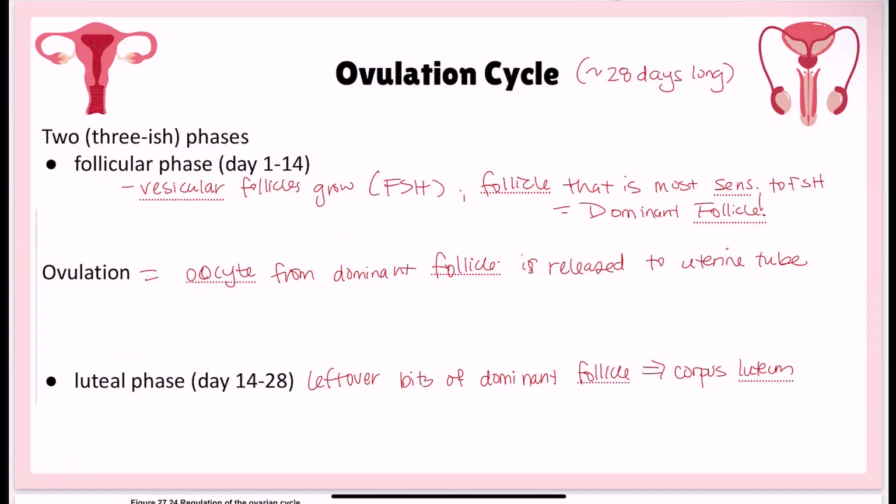Interestingly, the corpus luteum makes progesterone and estrogens. But the corpus luteum degenerates if the egg is not fertilized.